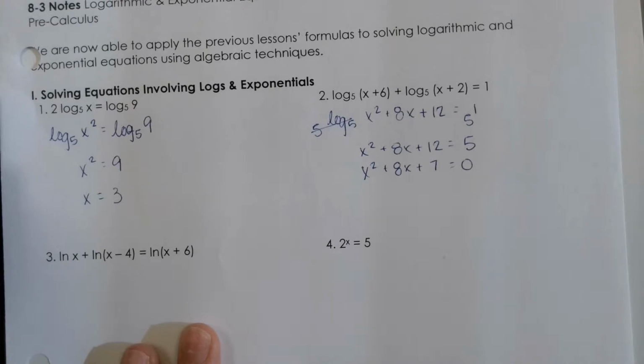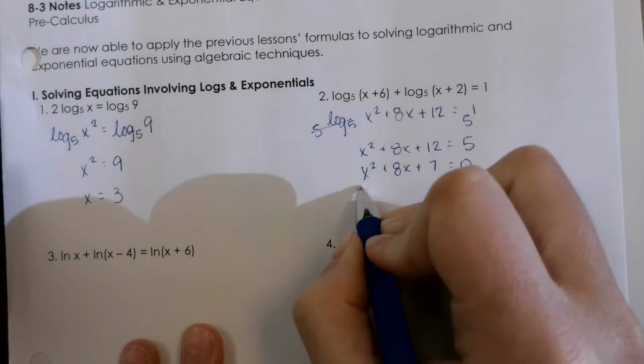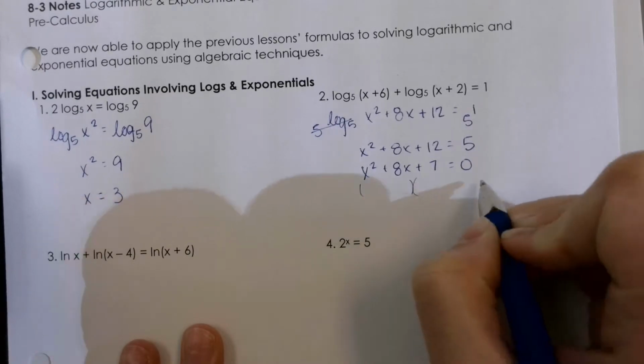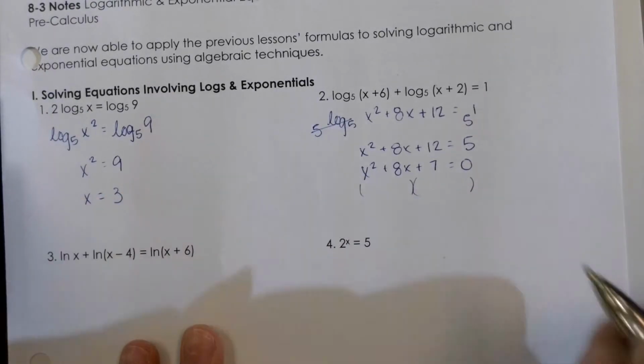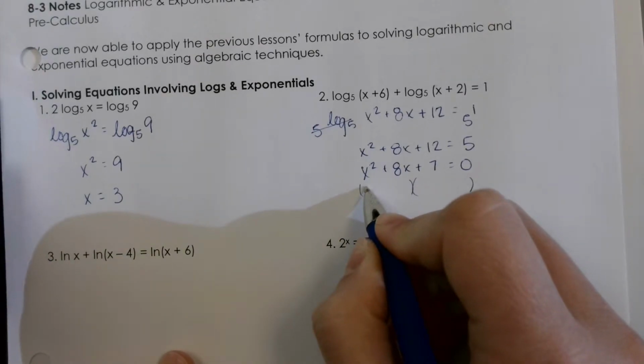We need to factor. To x plus 7 and x plus 1? Factors of 7 that add to be 8? 7 and 1.